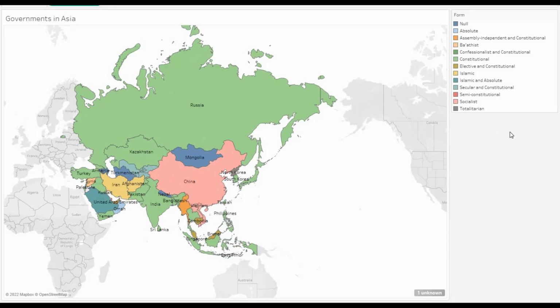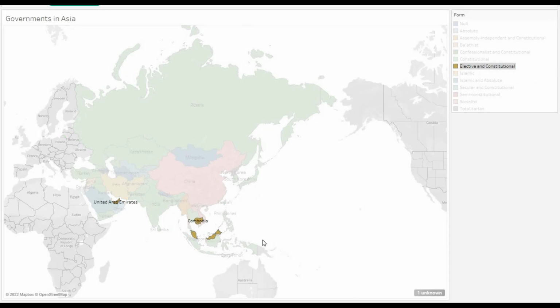Now we again see another form of governance called elective and constitutional, which is present in these countries: United Arab Emirates, Cambodia, and Malaysia as well. We saw that United Arab Emirates, Cambodia, and Malaysia have a monarchy in place, and in the case of Thailand we saw that it was constitutional, whereas in the case of Cambodia it is elective as well as constitutional.